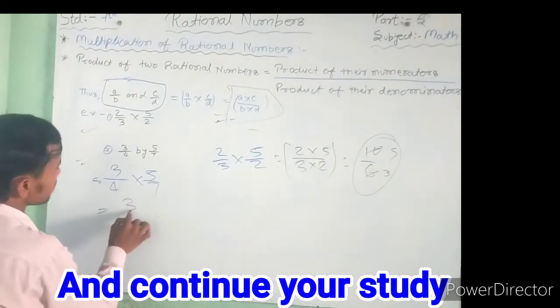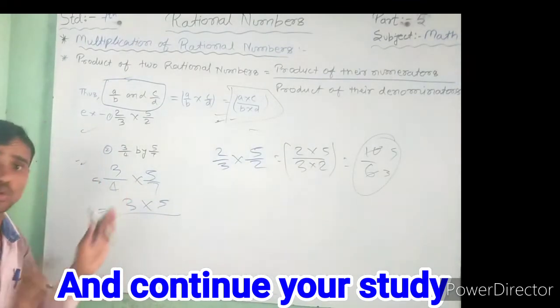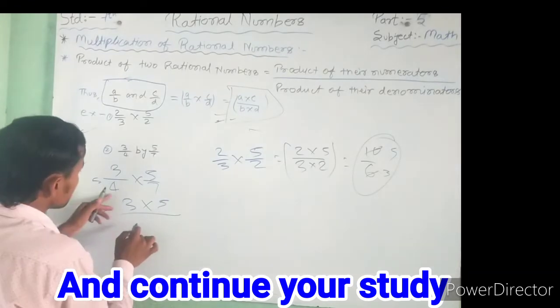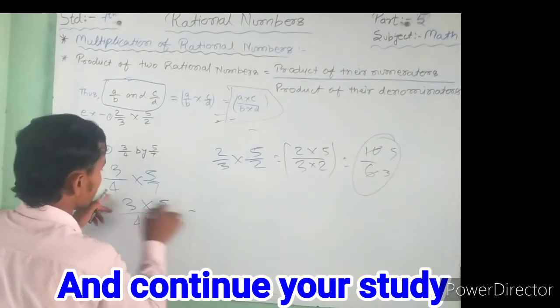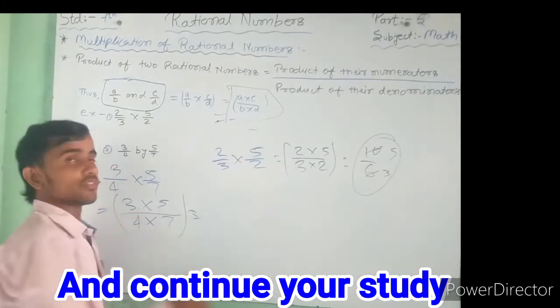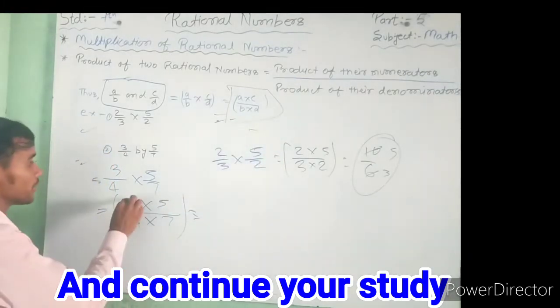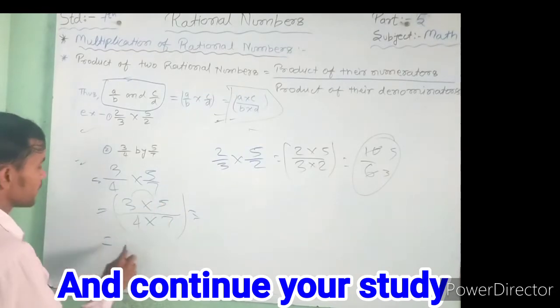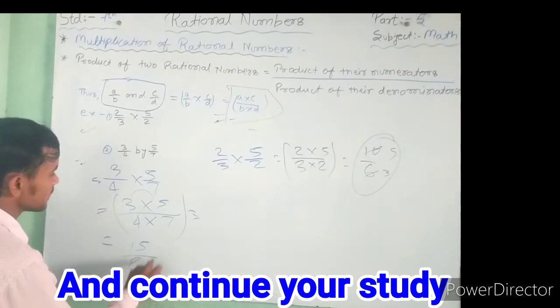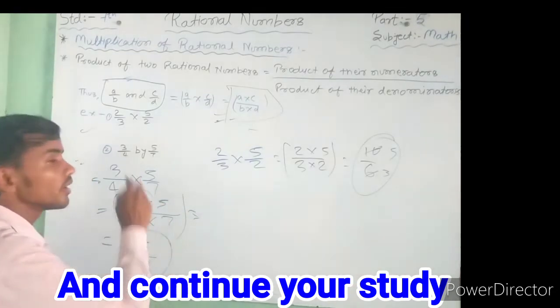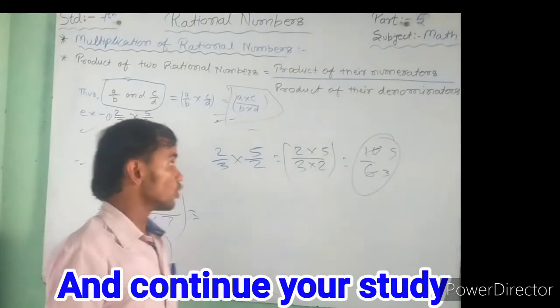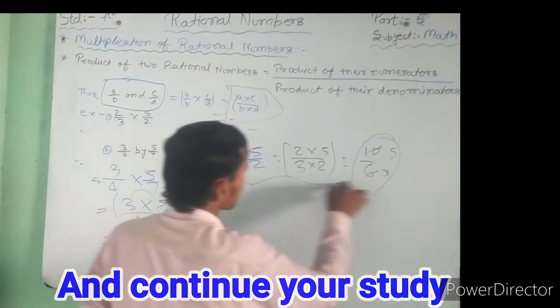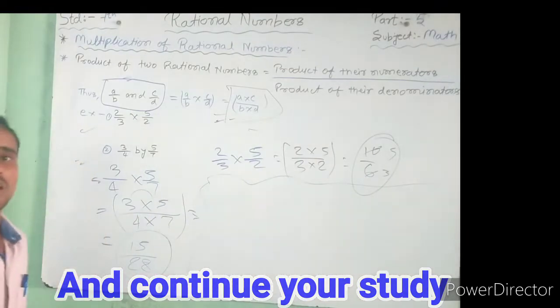When you multiply, 3 fives are 15 and 4 sevens are 28. That is your answer. My dear students, multiplication is so easy.